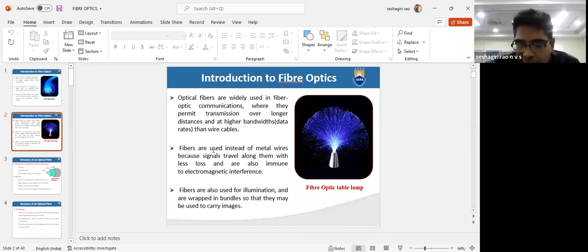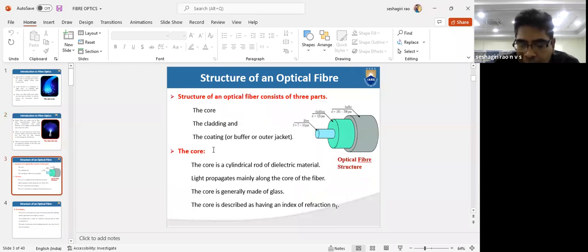Fibers are also used for illumination and are wrapped in bundles so that they may be used to carry images. Now the structure of an optical fiber: as I told you, we have different parameters. The structure consists of three parts, the core, the cladding, and the coating, or buffer, or outer jacket.